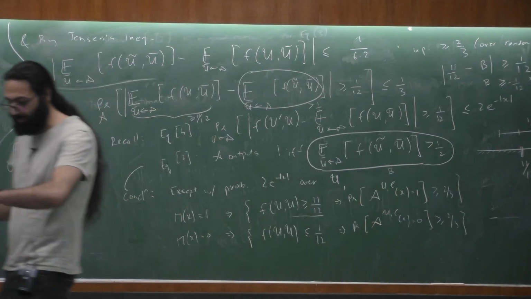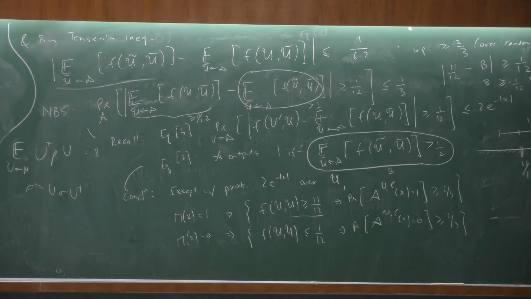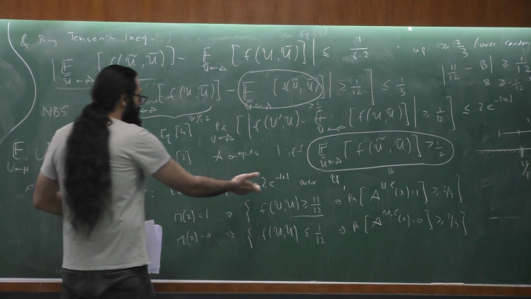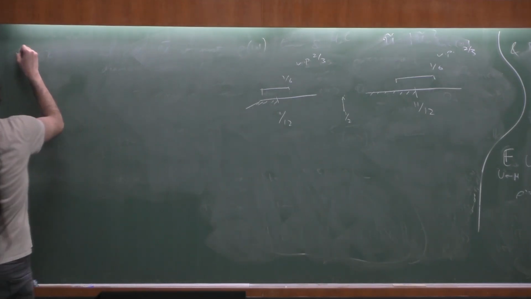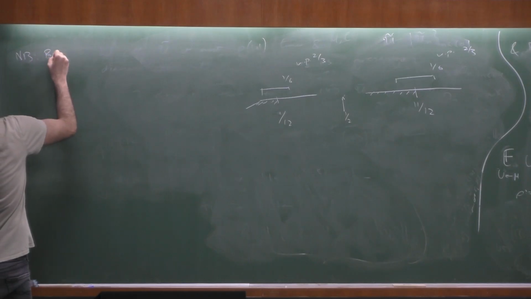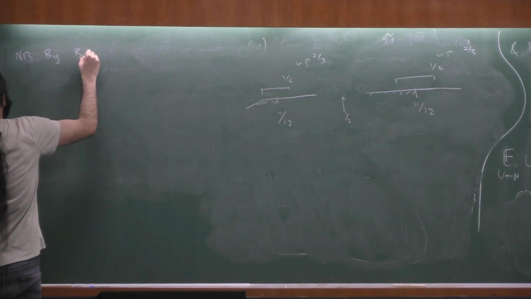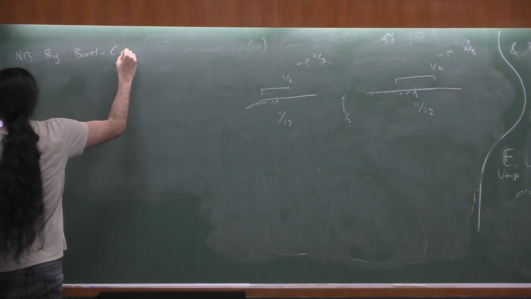And then the last step before we, oh shoot, today I ended up being super slow. Okay, and then the last step is what? The last step is basically saying that it's happening with exponentially small probability. So then there's something called the Borel-Cantelli lemma. Let's finish this.